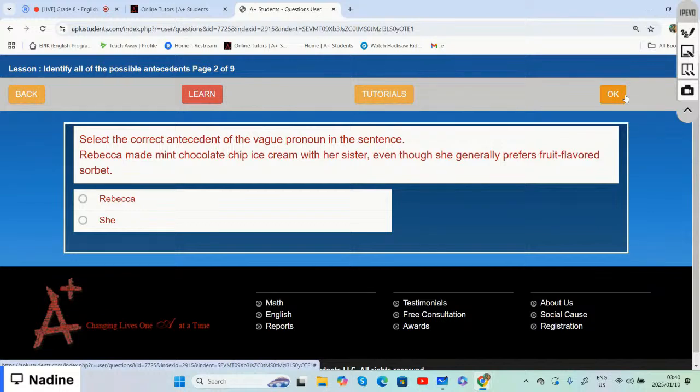And if we were to choose the correct antecedent, then we will choose Rebecca because she refers to Rebecca.